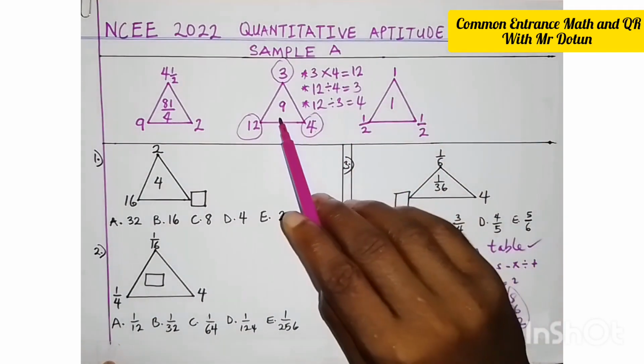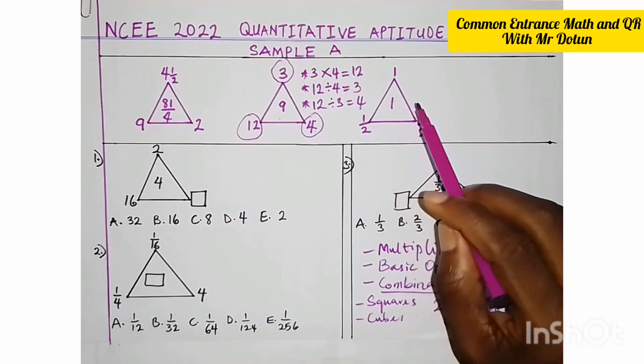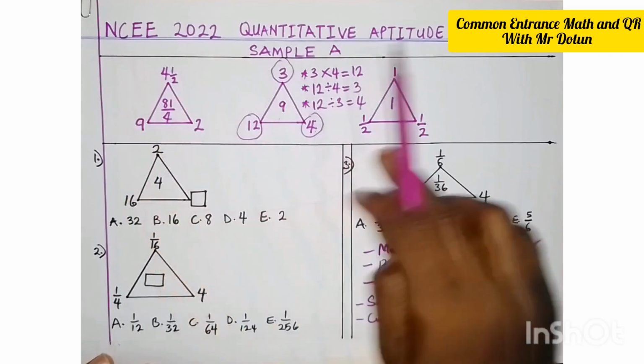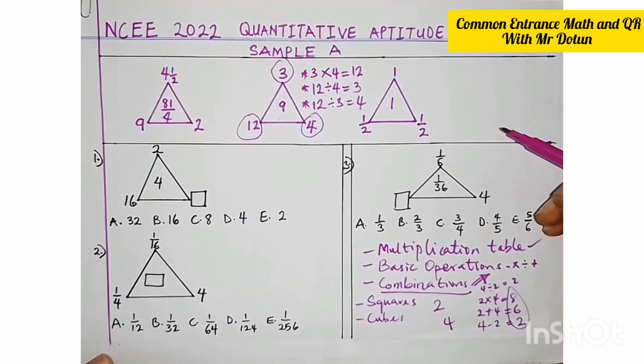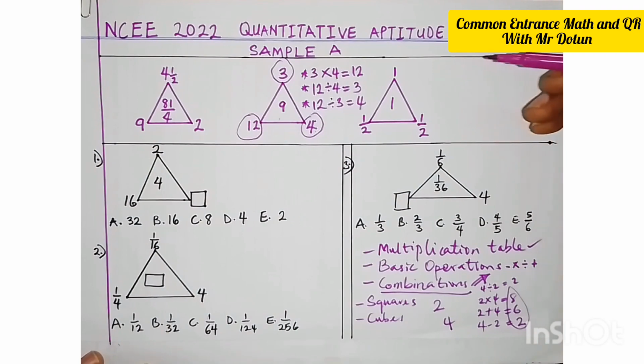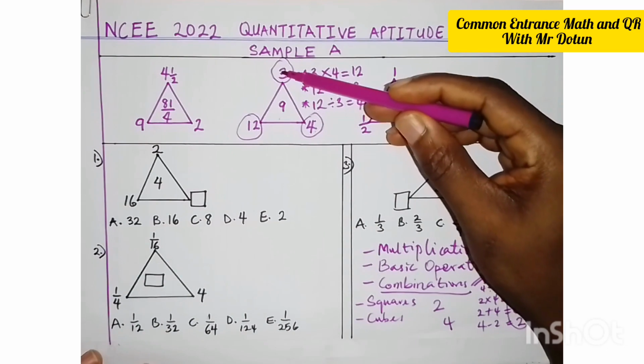So remaining is the last one in between. Since we have confirmed the relationship, we don't need to bother ourselves with this, because you don't have enough time to waste during your exam. The time is limited. So we've been able to find how to get anything in this position.